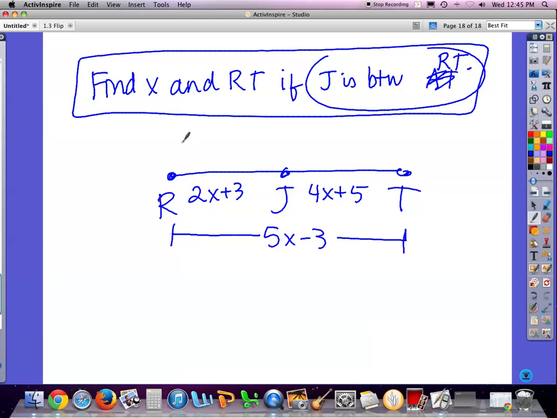Then fill in the information which should be given. And don't forget, they want you to find x and RT. So when you do this, set 2x plus 3 plus 4x plus 5 equal to 5x minus 3. And I'm not going to solve that because I think you have the capabilities of doing that solving.